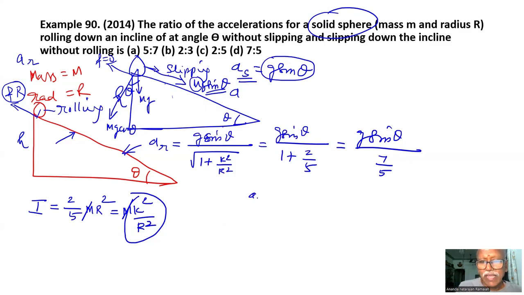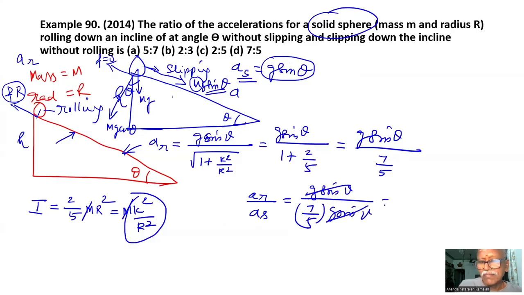So, rolling down, AR divided by AS we have to find. AR equals g sin theta divided by 7 by 5, with 7 by 5 in the denominator. AS is g sin theta. These two get cancelled. Therefore, 5 by 7.